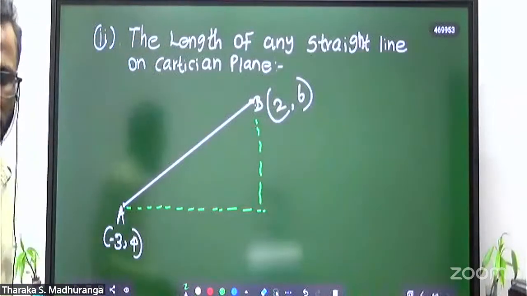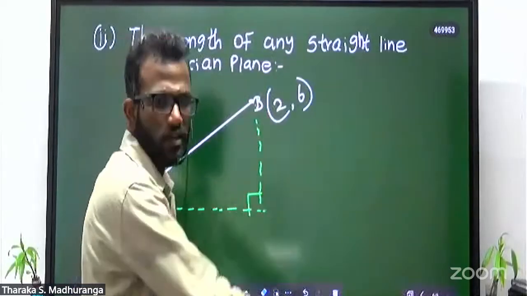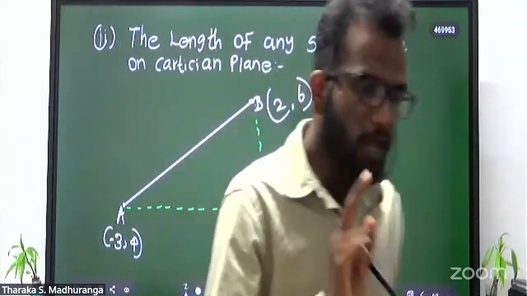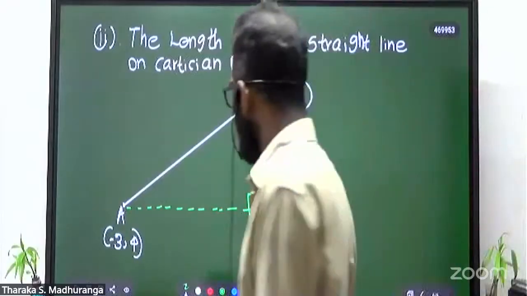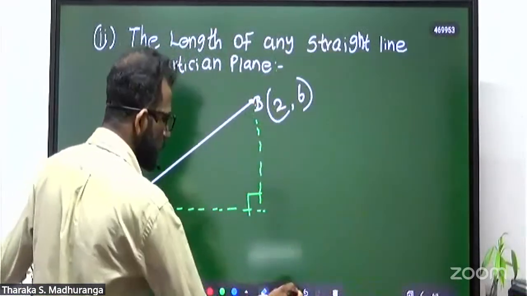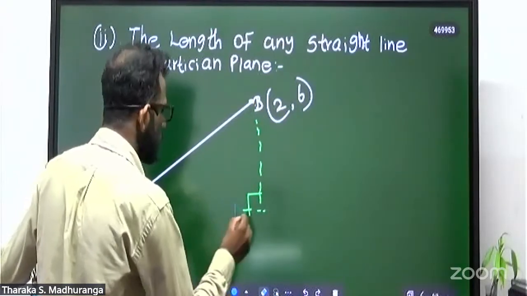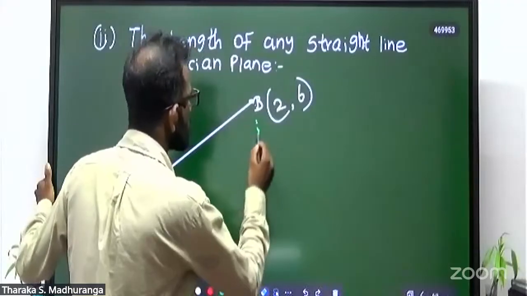Therefore, we have a very short method to get the length of any straight line on a Cartesian plane.